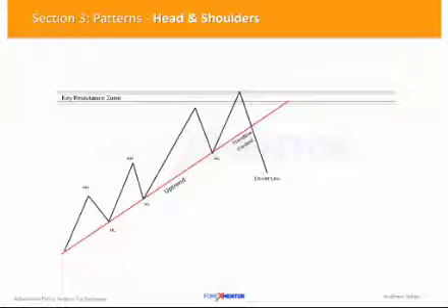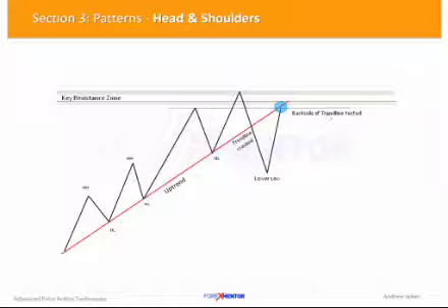Now the important thing to note here is this level right here, this area of resistance. That dealing point is the most important reference point for me in this pattern, and very often you'll find the back end of the trend line will line up with this area of resistance.